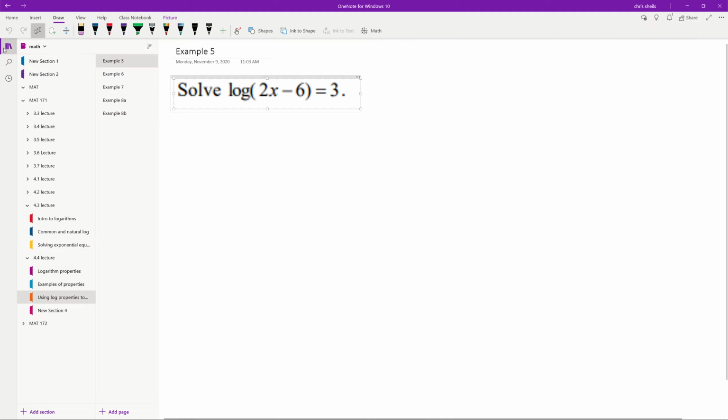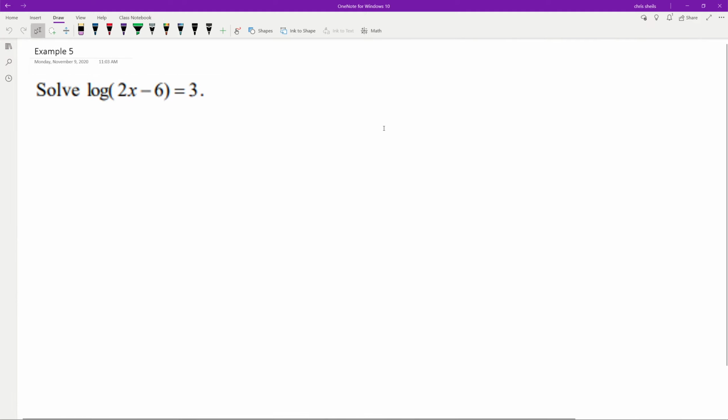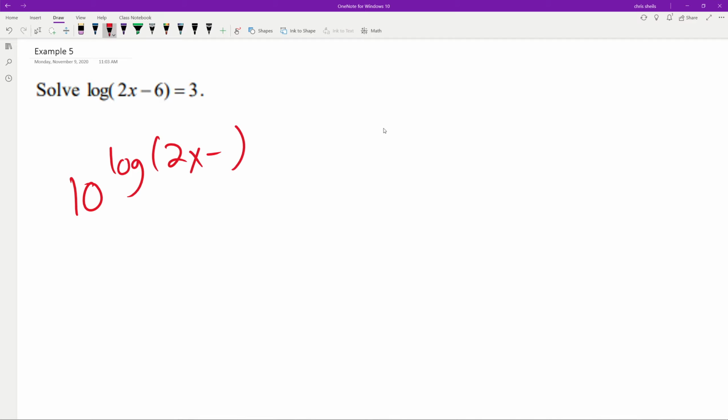Let's look at using some of these log properties in some other math problems. Let's solve log of 2x minus 6 equals 3. Maybe the best way to do this is to exponentiate both sides. So I have 10 to the power of log of 2x minus 6 equal to 10 to the power of 3.